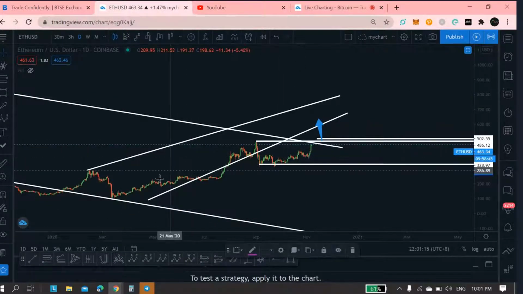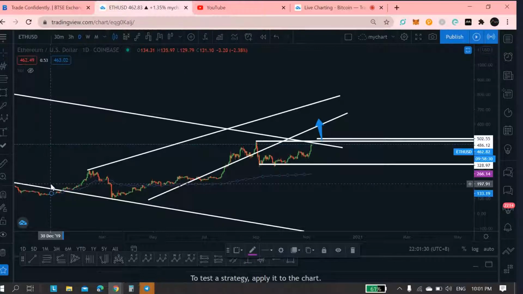So we will extend this to December 31, so that at least we'll know where most of the traders are, or what their average is. So for that, it's around 266 area. So most of the Ethereum holders who bought, of course, are possibly at a gain.